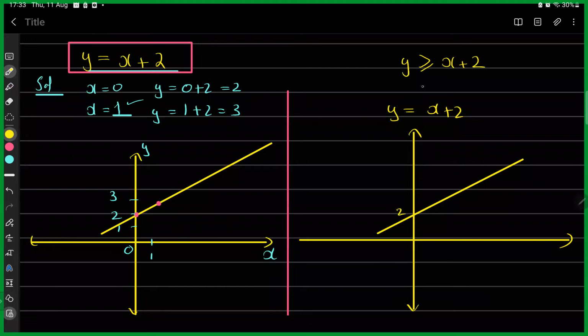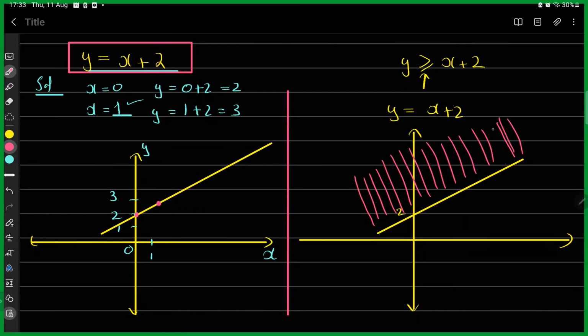You are supposed to represent the region for y is greater than or equal to x plus 2. So this time around it says y is greater than or equal to x plus 2. For this, you will be shading everything that is above the line. We are just supposed to shade all of this region that is basically above your straight line, because you were not supposed to represent y equals x plus 2.